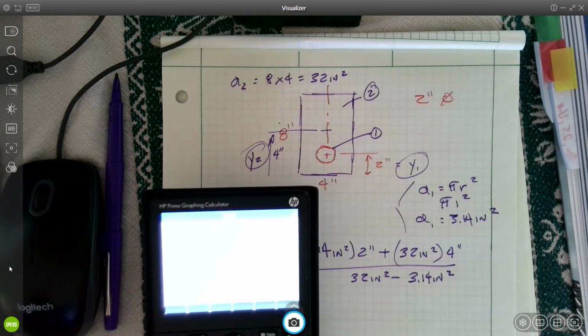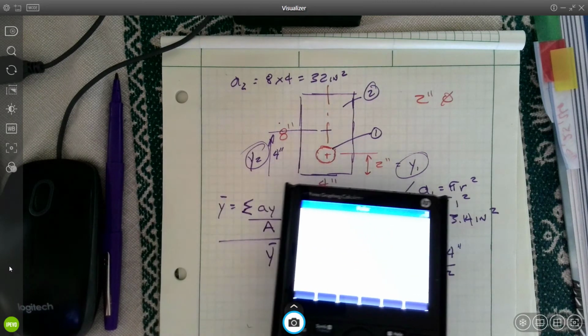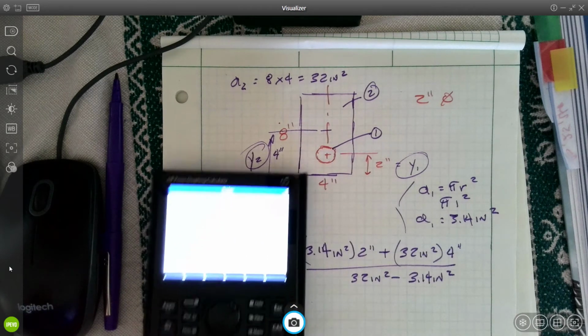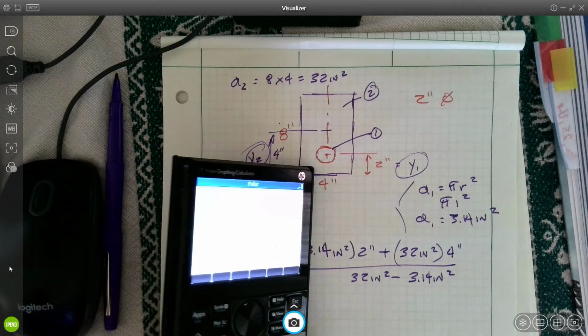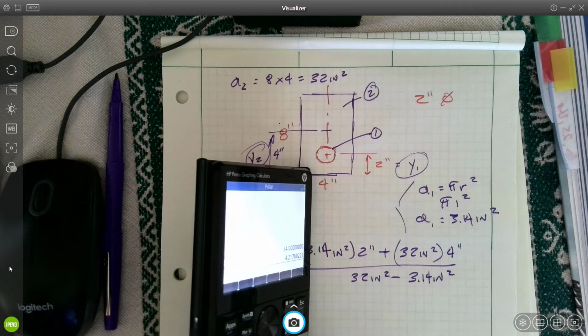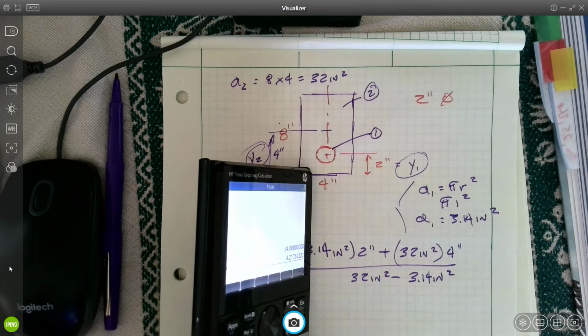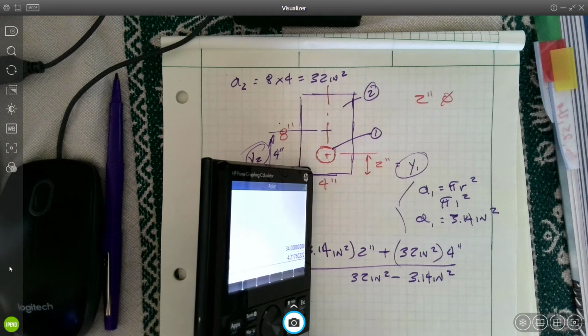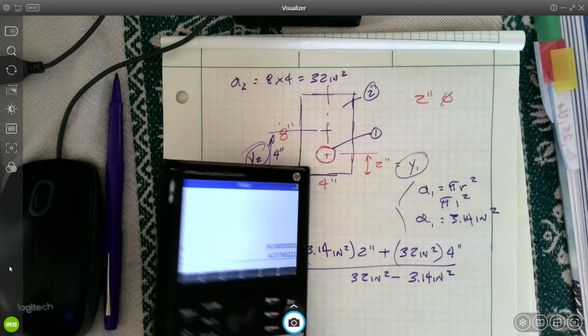Wow, you can't see the calculator. It's on, but it must be at the same frequency as the camera. Oh, there it is. I have to hold it at just the right angle. That's weird. All right, well, we'll have to work our way through that. 4.217 or 4.22.